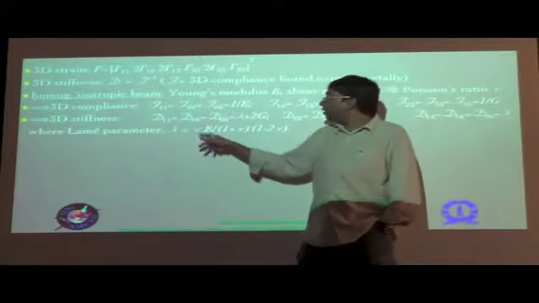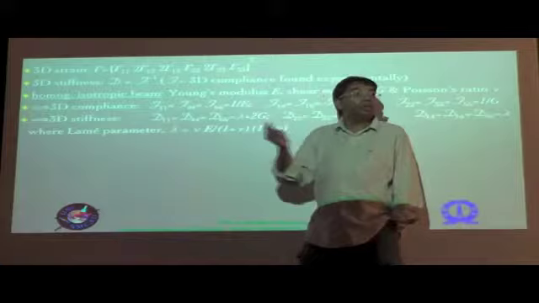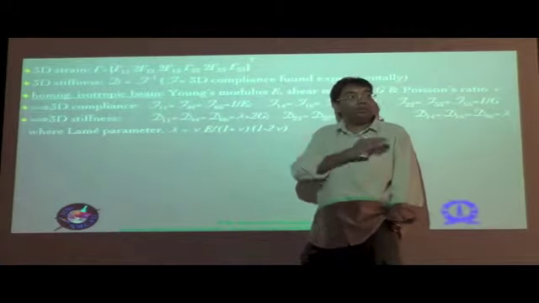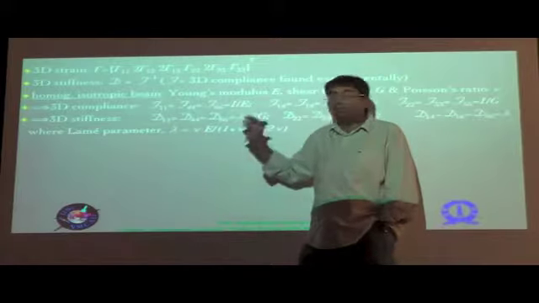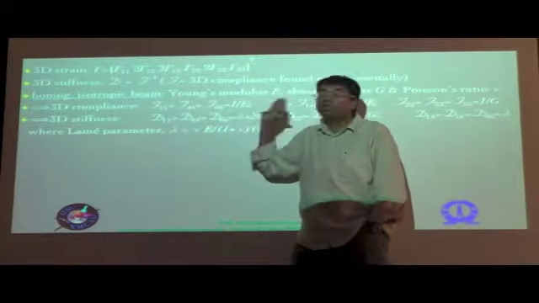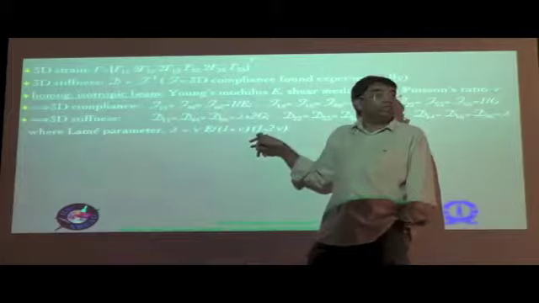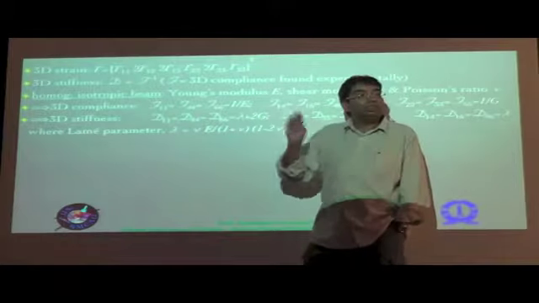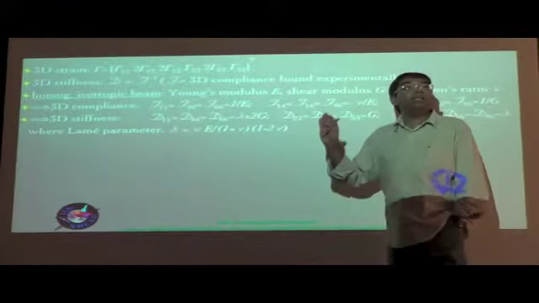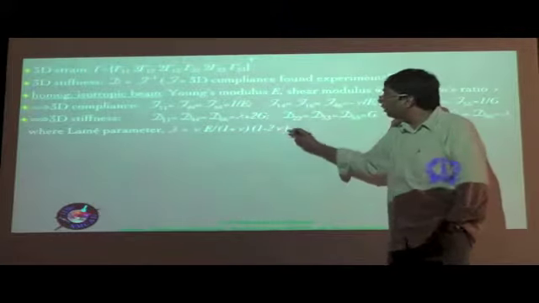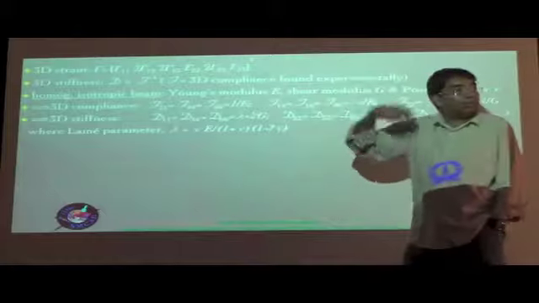Similarly, you could have a situation where nu is close to 0, which is an acceptable value mathematically. There are materials which have Poisson's ratio close to 0. In such a situation, lambda is very small compared to G. That is something to be remembered. But as I said, for most engineering materials the range is 0.2 to 0.3, so this is a reasonable assumption that we will make.